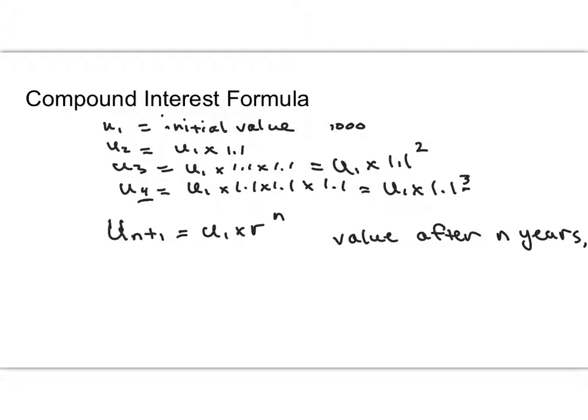This rate here, that's called the multiplier. Or actually, in this case, it's the growth multiplier.